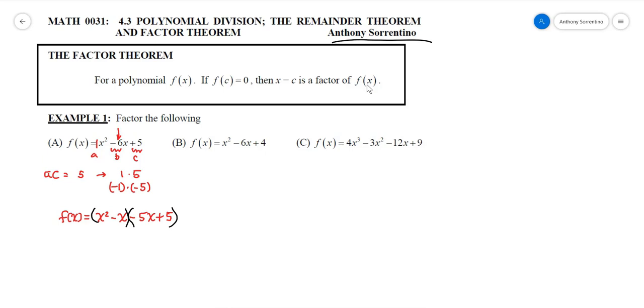Factoring an x out of the first group gives me x minus 1, and if I factor a -5 out of the second group, I get x minus 1, which, since both of them have this in common, I can factor out. What's left, because these would go away, is x minus 5. So that's a basic factoring technique that we looked at before when we were factoring quadratics.